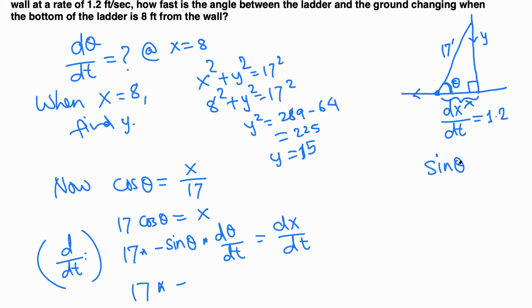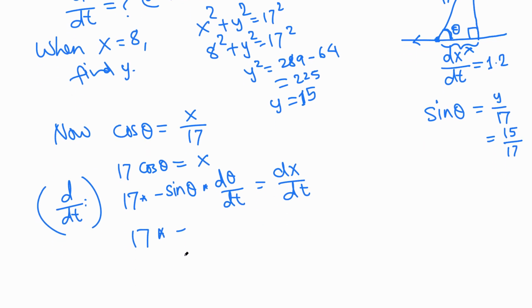At the moment when x is 8, sine is opposite over hypotenuse, so y over 17, that is 15 over 17. So we will be using that here. Negative 15 over 17 times d theta over dt, which is what we are looking for, and dx over dt is given as 1.2.